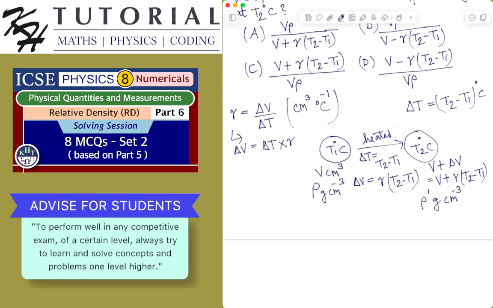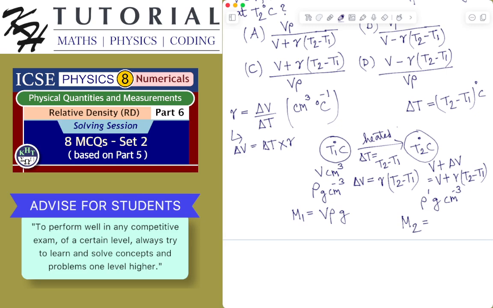Now definitely the mass of the body is not changing. At T1 degree centigrade, if I consider the mass to be m1, the mass will be volume into density, so it will be V into sigma gram. And at T2 degree centigrade, the mass, if I consider it to be m2, will be its volume into density.